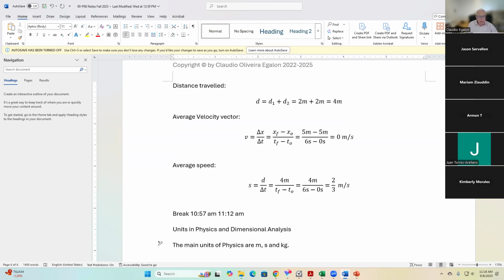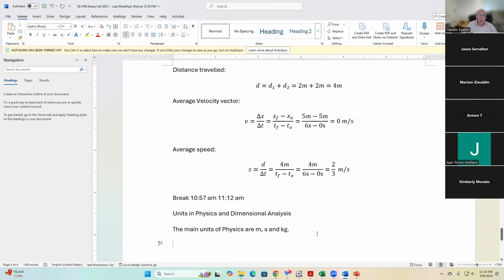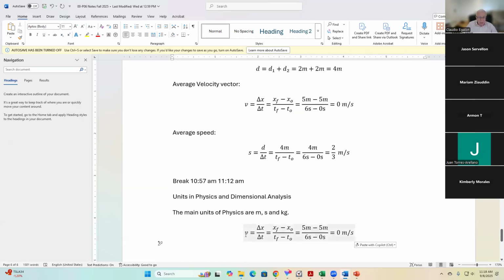When you're talking about units, we denote the unit of a given quantity by a square bracket. If I want to know the unit of x, x is position, so the unit of x is going to be the meter.